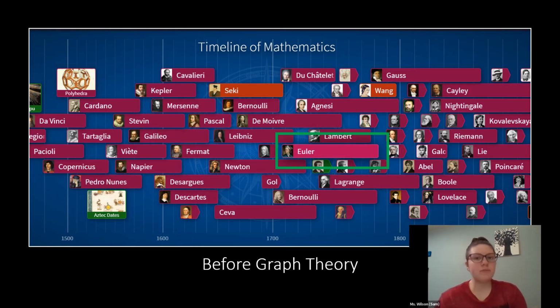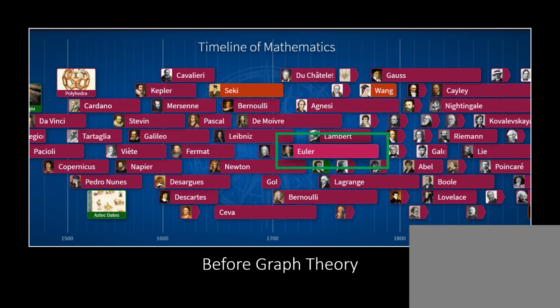And as I mentioned before, that falls right around the beginning of the 1700s to just about the end of it. There are mathematicians before Euler and there are mathematicians after Euler. However, that does not make his discovery any less important, especially for graph theory, because he is really the man who founded graph theory, which really led to the push in discrete mathematics.